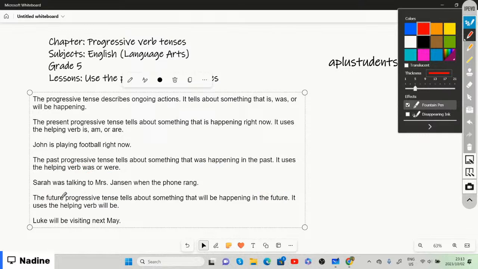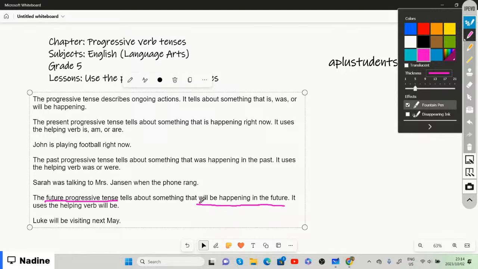Then we have the future progressive tense, right? The future progressive tense tells something that will be happening in the future.